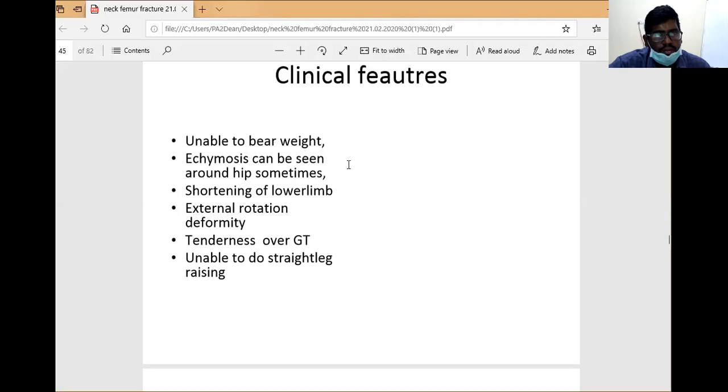I already told you the patient may not be able to weight bear, ecchymosis around the hip is more, particularly around the greater trochanter, shortening is more, and external rotation is up to 90 degrees. That means the lateral part of the foot touches the couch, and tenderness over the greater trochanter may be seen.